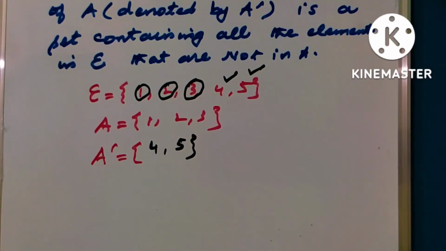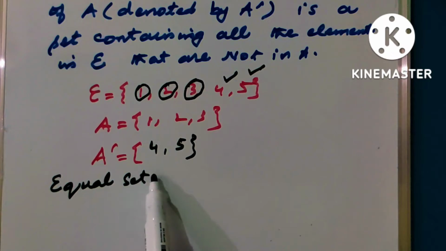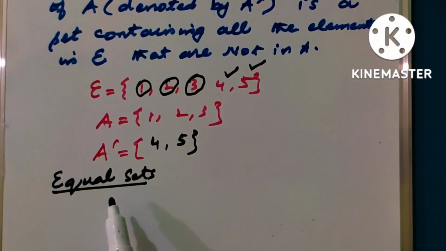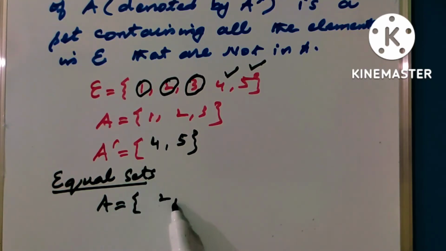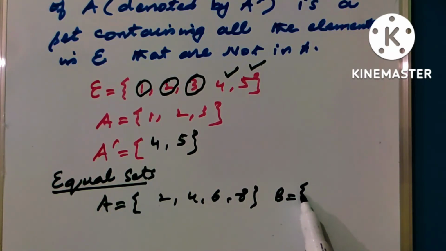Now let us talk about equal sets. Two sets are said to be equal if they have same elements. For example, A set has elements 2, 4, 6, 8 and B has elements 8, 6, 2, 4.